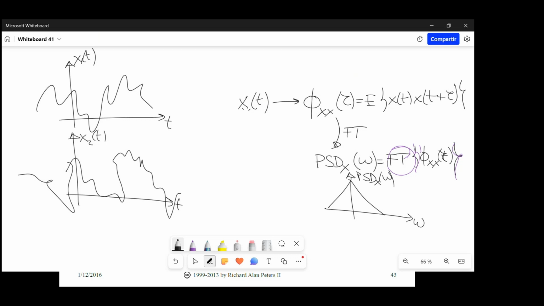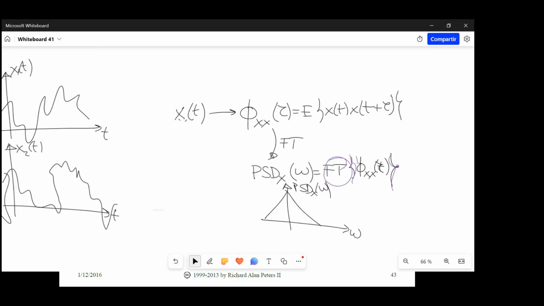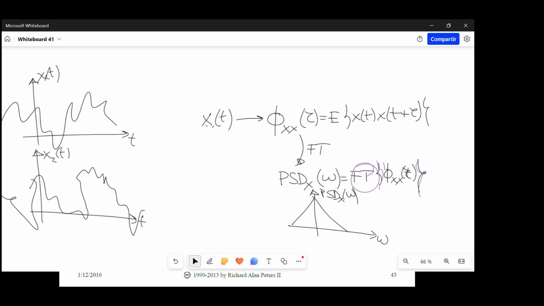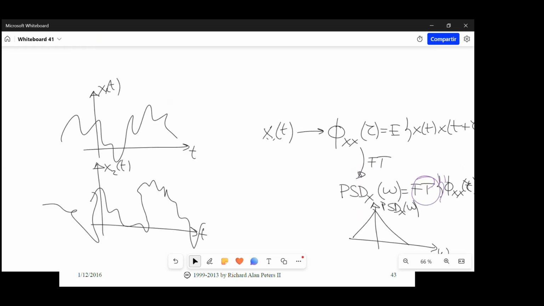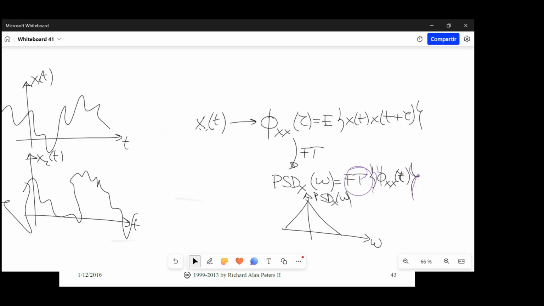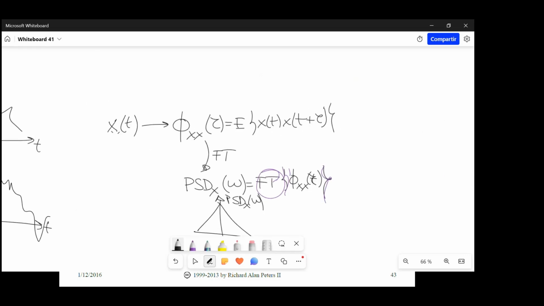And in the particular case that this signal is not random, so if this signal is all the time the same, if X is deterministic, then this is the Fourier transform of X at omega squared.